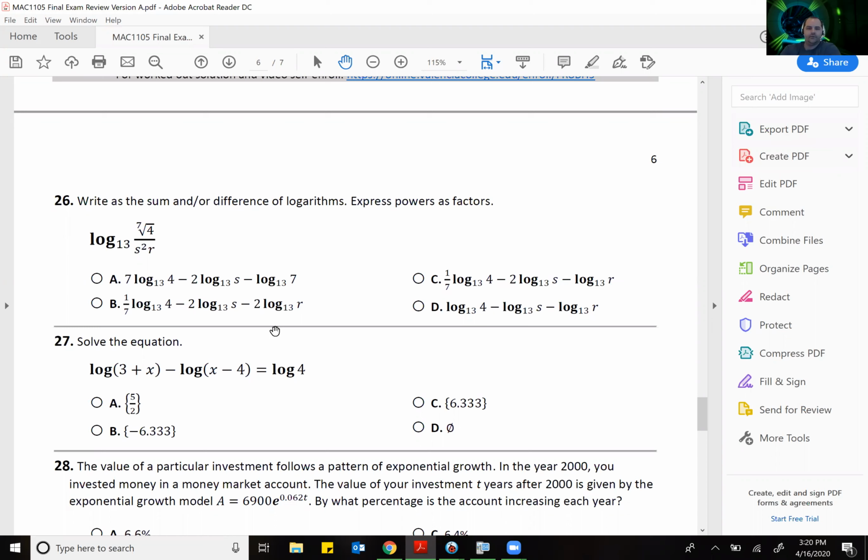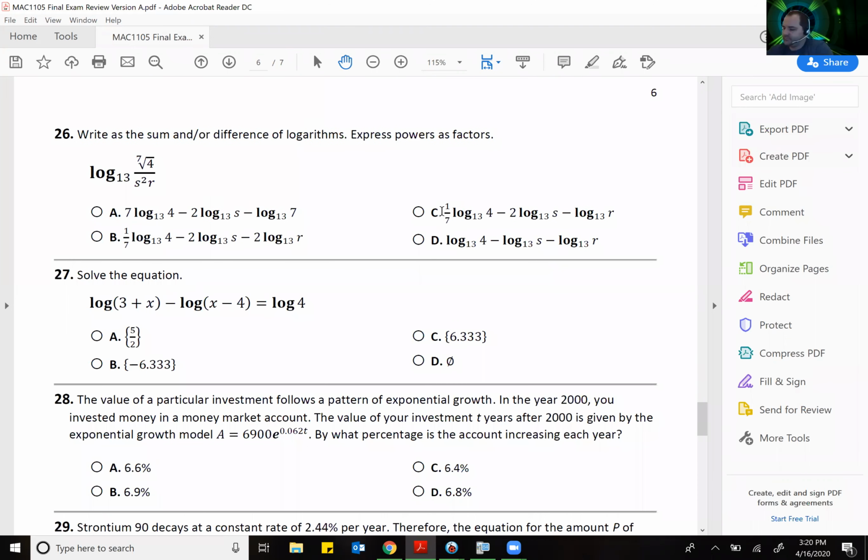It looks like B is also an answer because it looks like the exact same answer. There should be only one, just so you know. Oh, wait, no. It's got an extra 2 there. Never mind. It's just C. Watch out for those subtle differences. There's a 2 here, and it shouldn't have a 2.